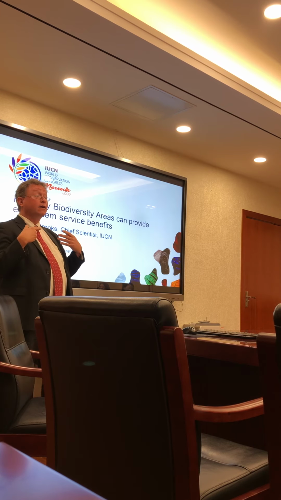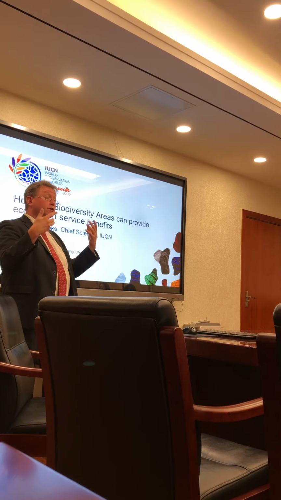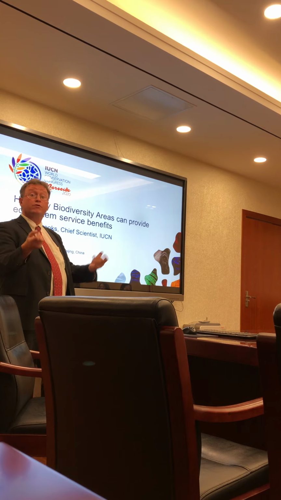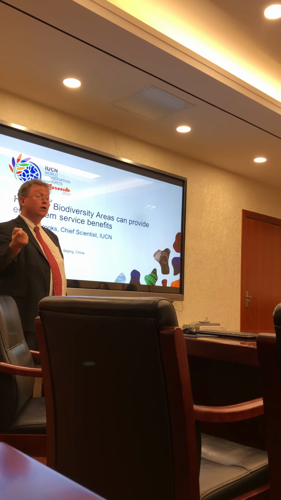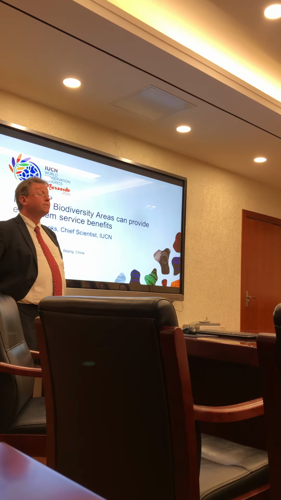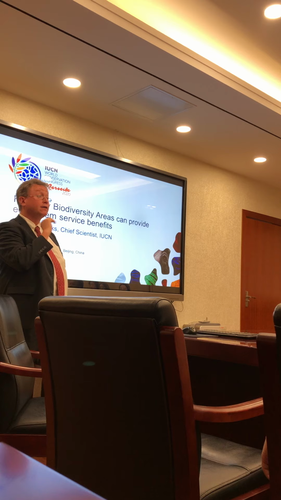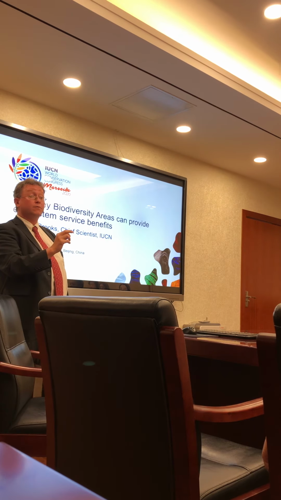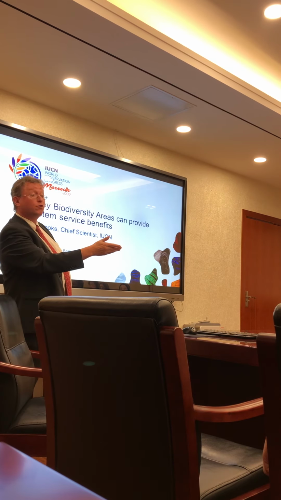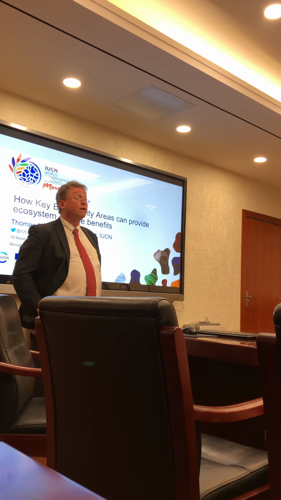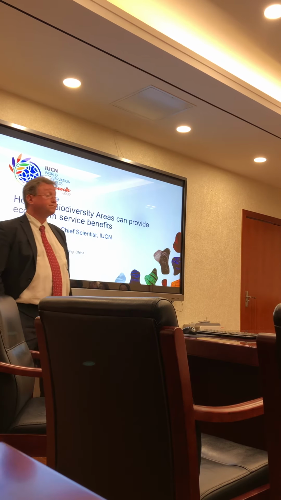And indeed, encompassing independent expert commissions comprising more than 15,000 specialists around the world, including hundreds of experts from here in China. And we have leading representatives from two of IUCN's commissions here this morning, Jean-Paul Rodriguez from the Species Survival Commission and Mark Hockings from the World Commission on Protected Areas.